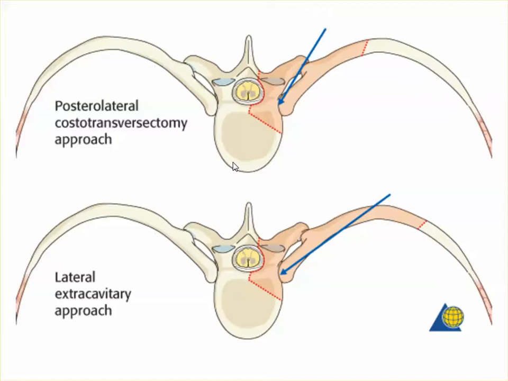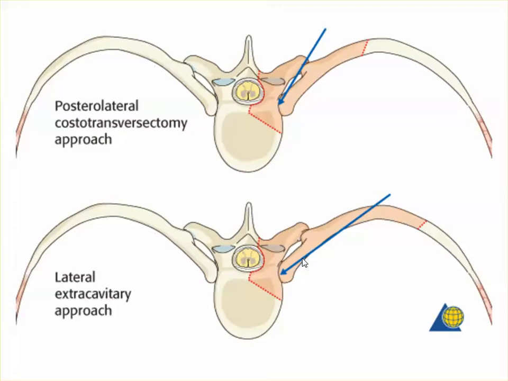So you can also decompress the spinal cord from a posterior approach. And that's what we're talking about today. On the top is a costotransversectomy approach, and below that is a lateral extracavitary approach. The difference is basically how much rib you take out and what your angle is.